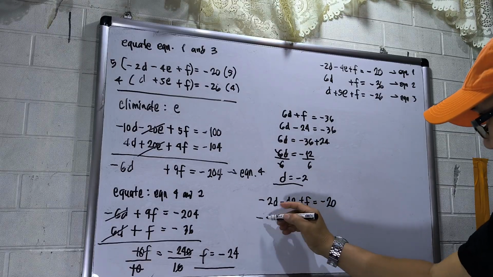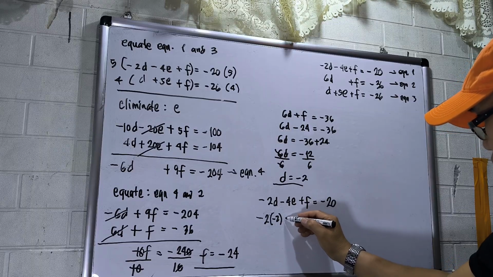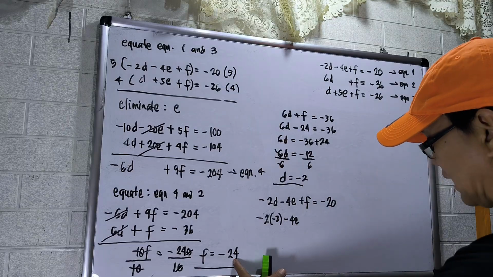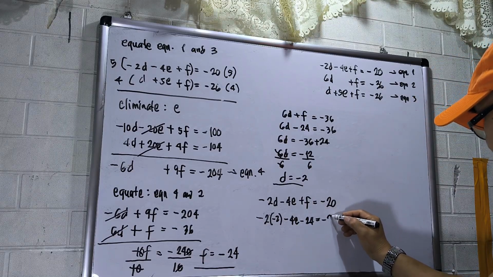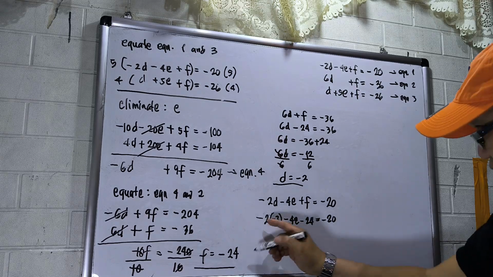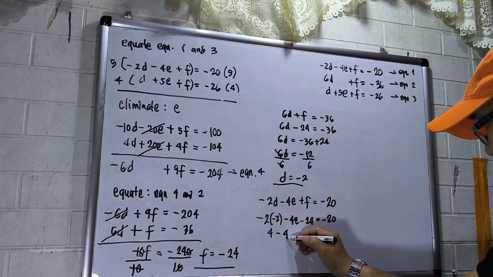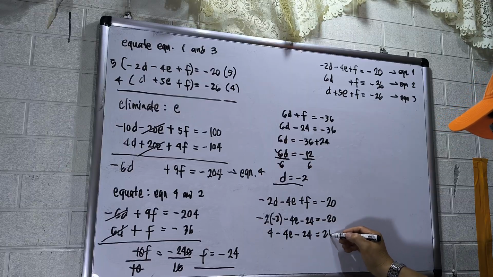So plug in d, this is negative 2, minus 4e. Then plug in f equals negative 24, equals negative 20. So negative, that will be positive 4, so this will be 4e. Then minus 24 equals negative 20.